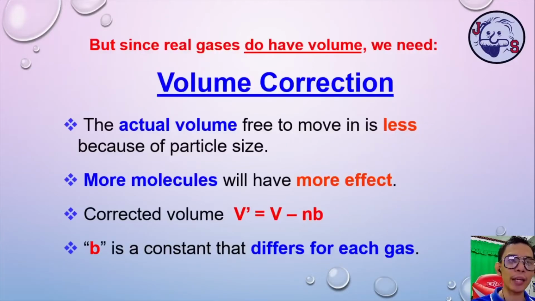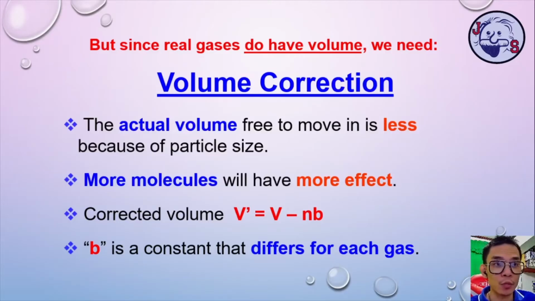Since real gases have volume, we can apply a volume correction. Most of the time, the real gas volume is less than the ideal gas volume. The actual volume free to move in is less because of particle size.